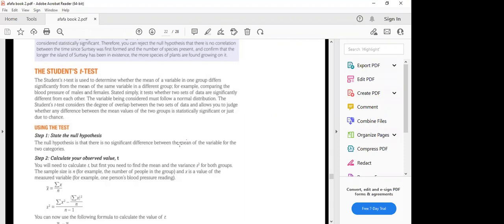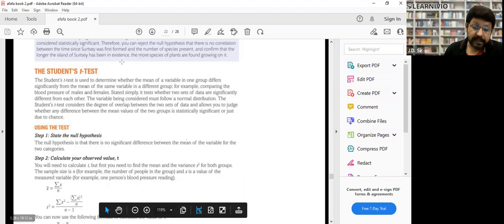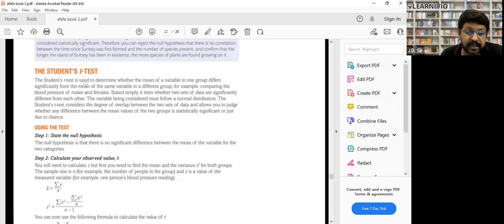You add the runs made by one team and divide it. So we are taking the mean value of both teams, then comparing the mean values. We are not comparing individuals, only the mean values. In this test, the same kind of situation applies. The student t test is used to determine whether the mean variable in one group differs significantly from the mean of the same variable in a different group, right?